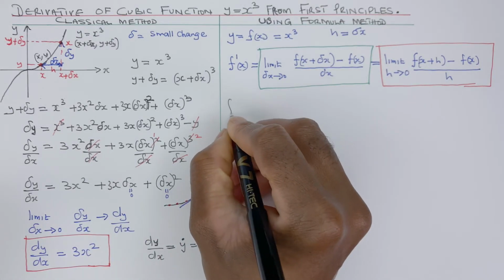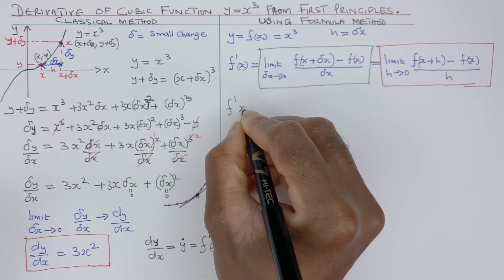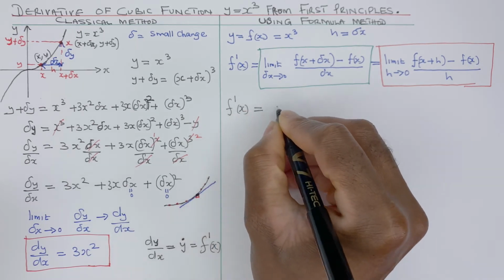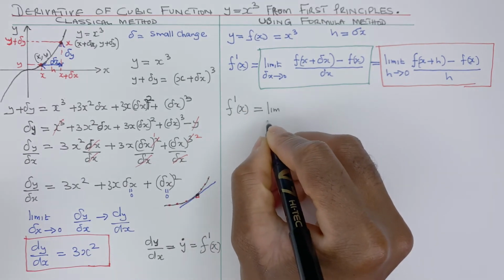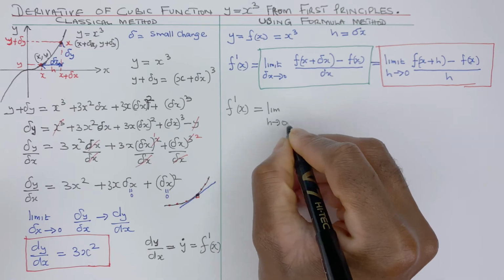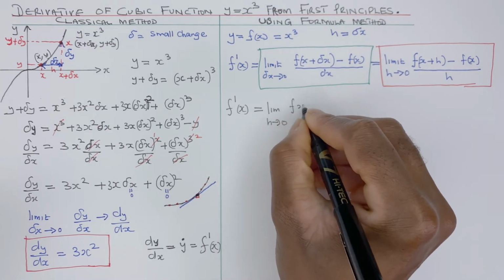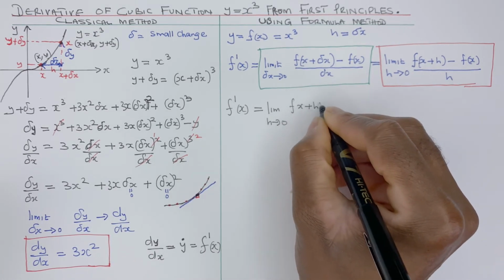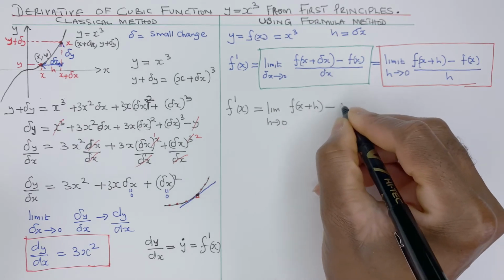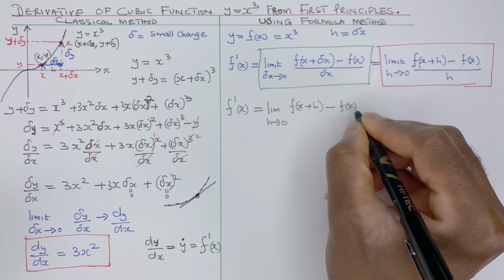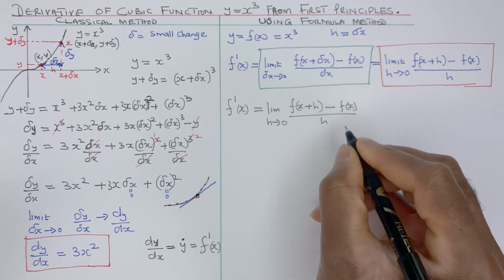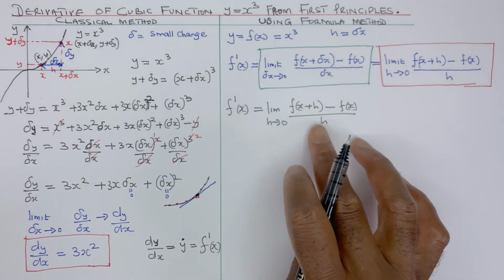So we say f dash x equals limit h tends to 0, f of x plus h minus f of x over h. So we are using this one now.